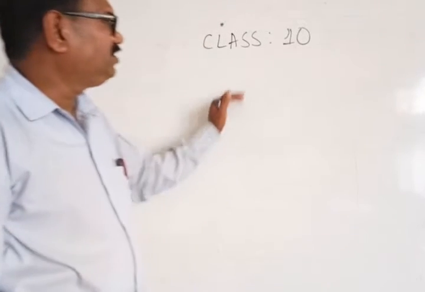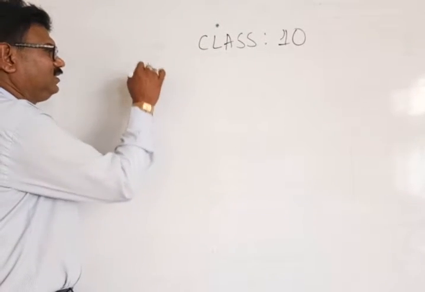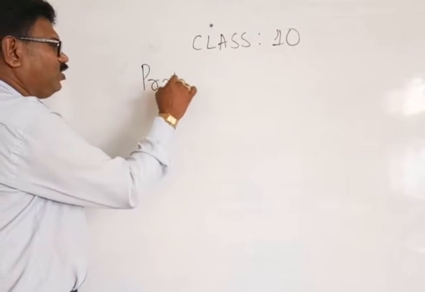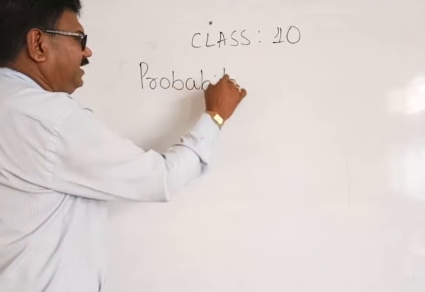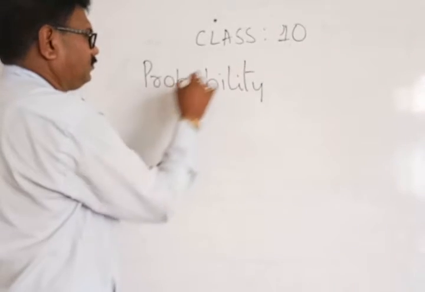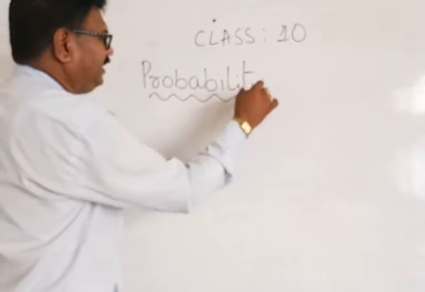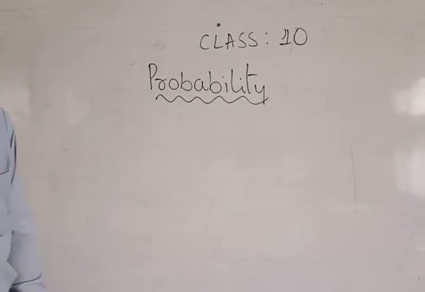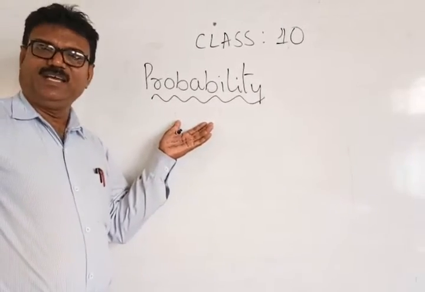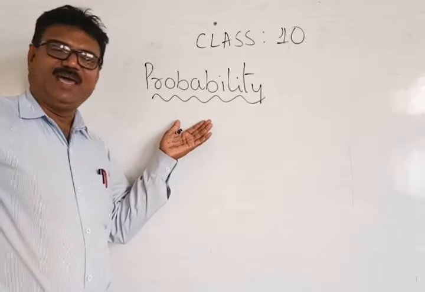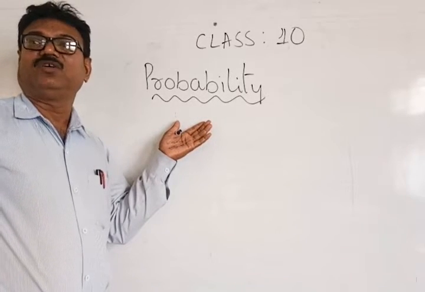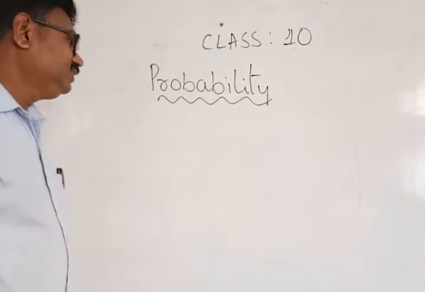Therefore, what is our chapter name? Probability. Okay? Probability. The chapter name is what? Probability. In this, sometimes it may happen and sometimes it may not happen. Okay.